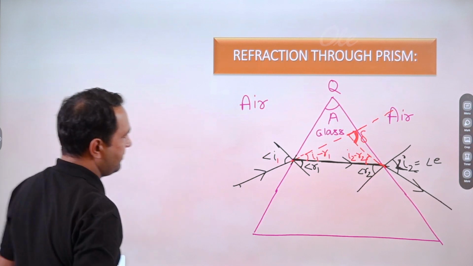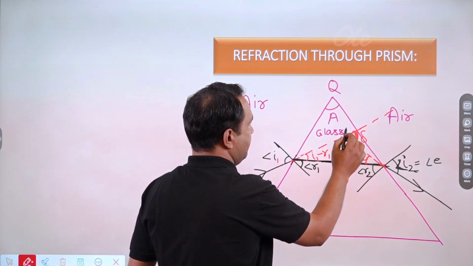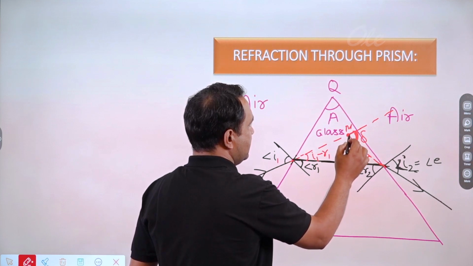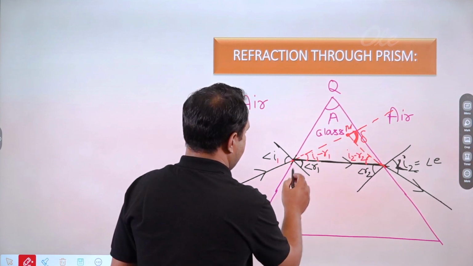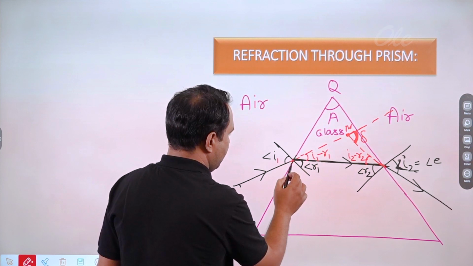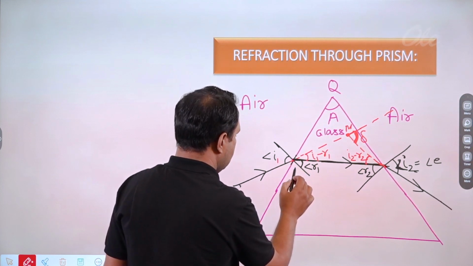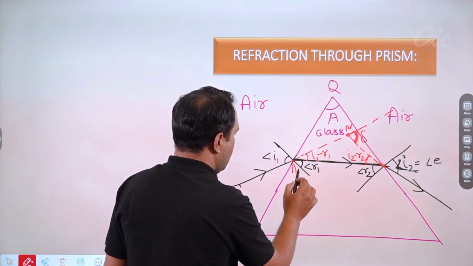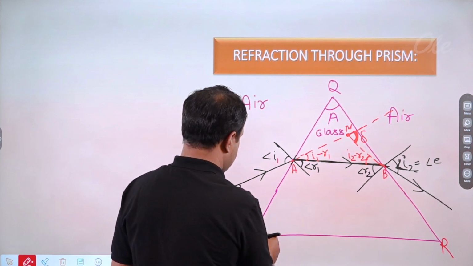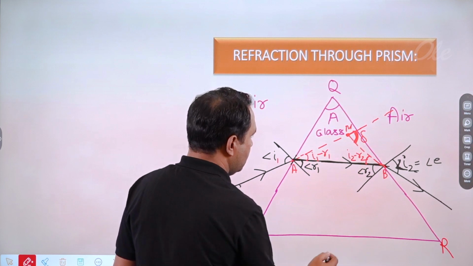Now, suppose that this point is M. Let's give this point A. We have marked every point.